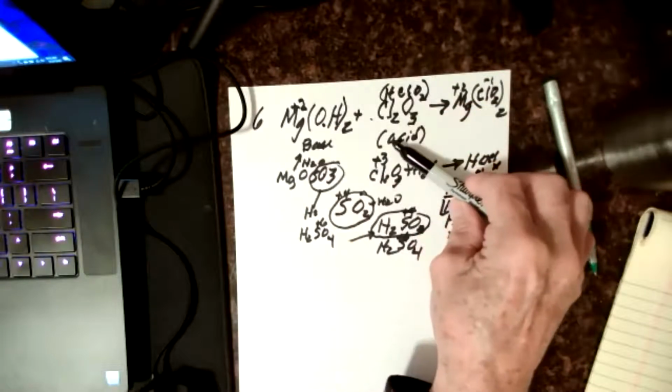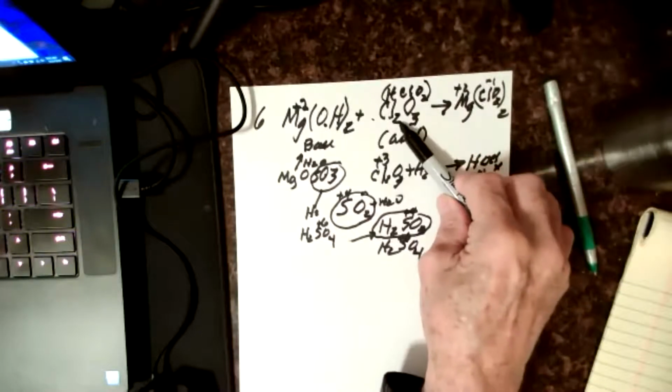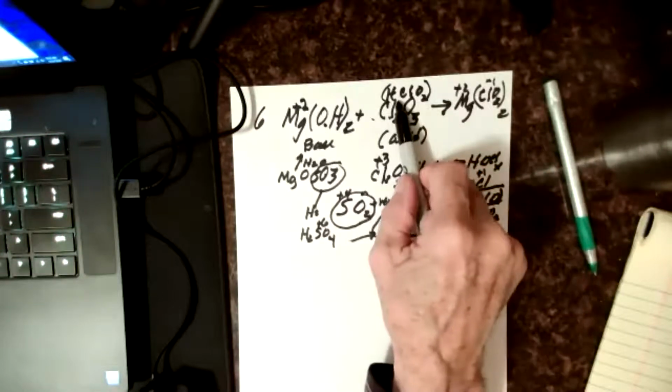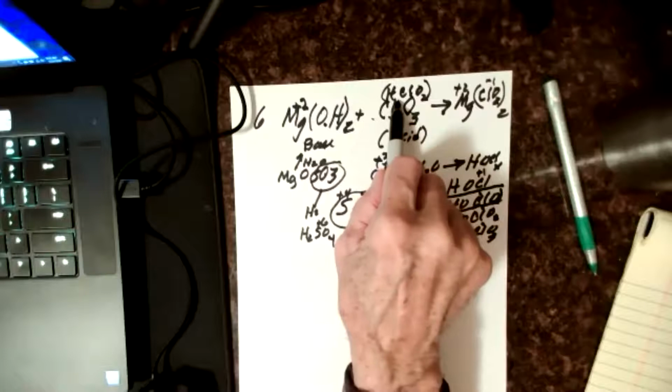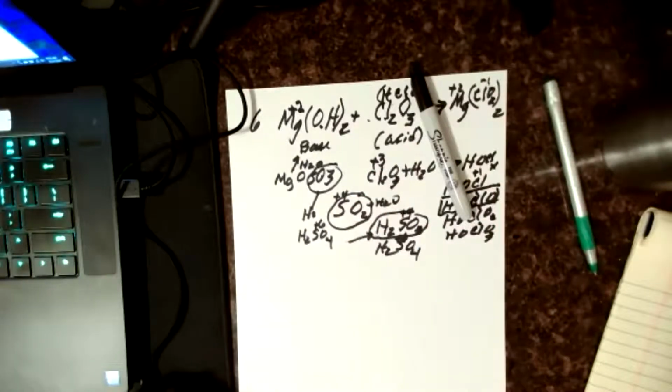Non-metal oxides or acids behave the same in water. So you can either react the oxide directly and you'll get the same product as you would if you reacted the appropriate acid. It'll give you the same product. Okay.